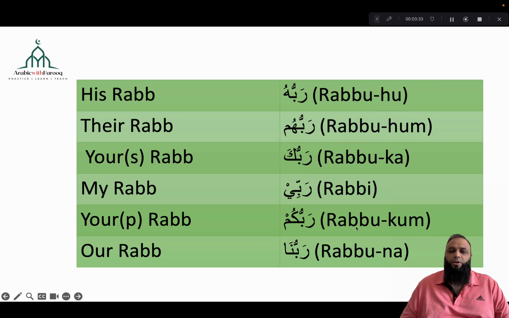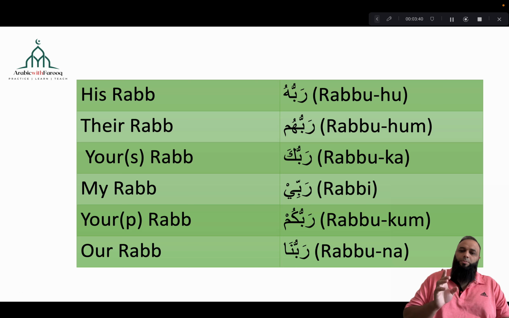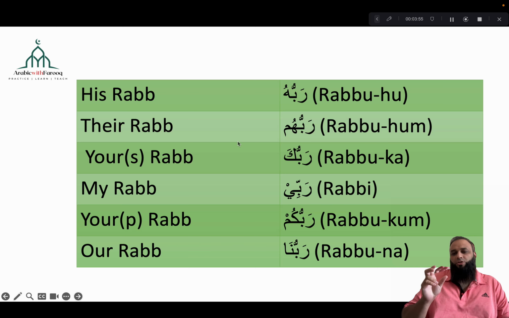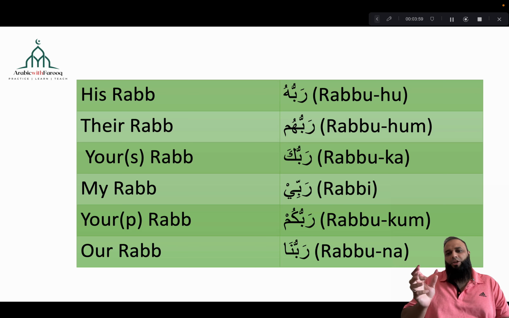And then you have Rabbukum, which means your in the plural sense, when you're referring to more than one person. And then Rabbuna is just the last na that we have, and it means our Rabb. So that's how you change your noun and add certain words to it, and it changes to his, their, yours, mine, ours.